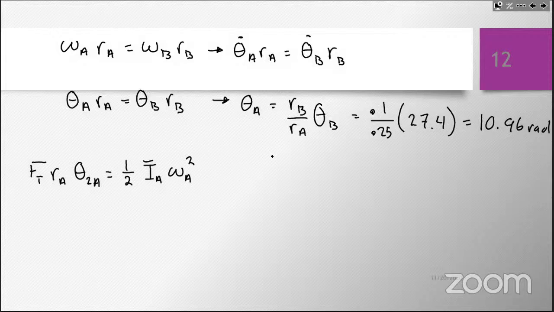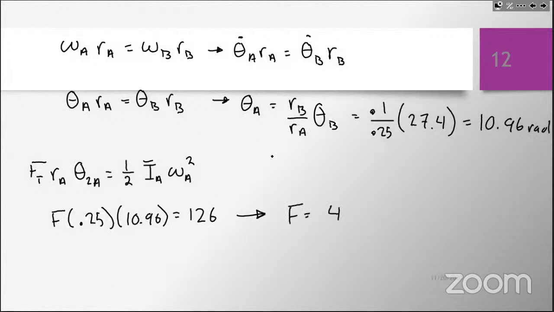I can plug in these things, 126 joules. If I solve for F, I get 45.91 newtons.